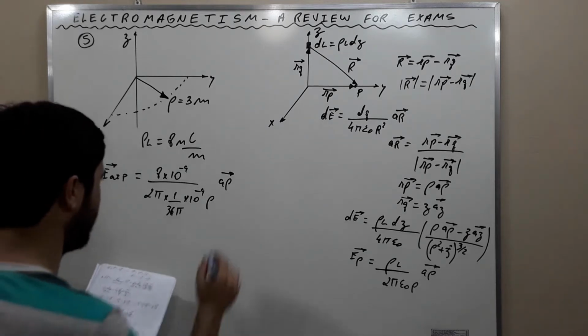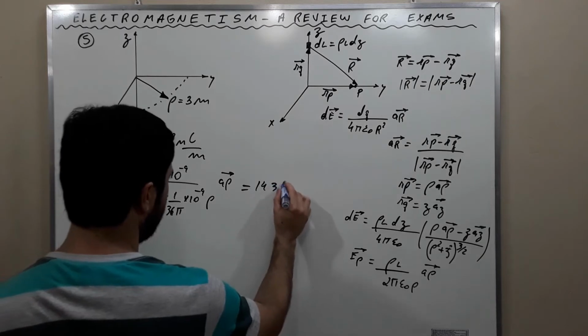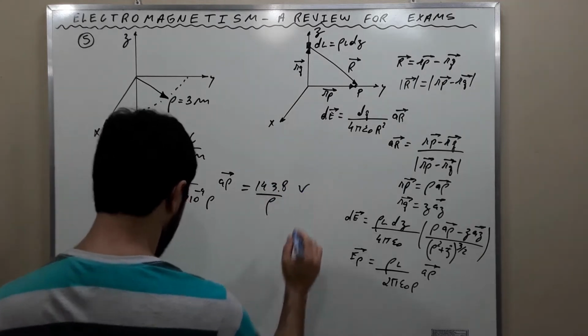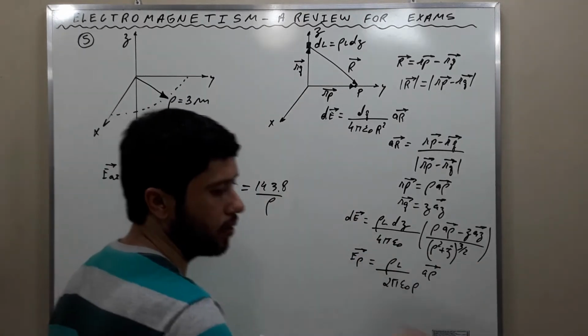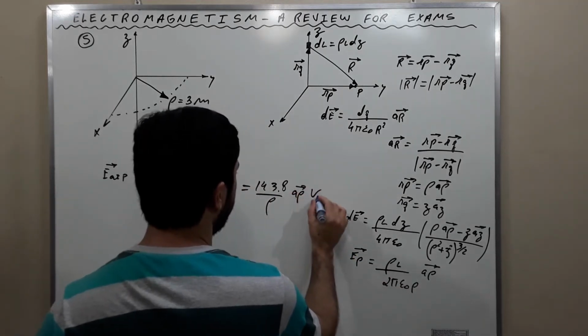And it is going to be 143.8 over rho in the a rho direction, volts per meter.